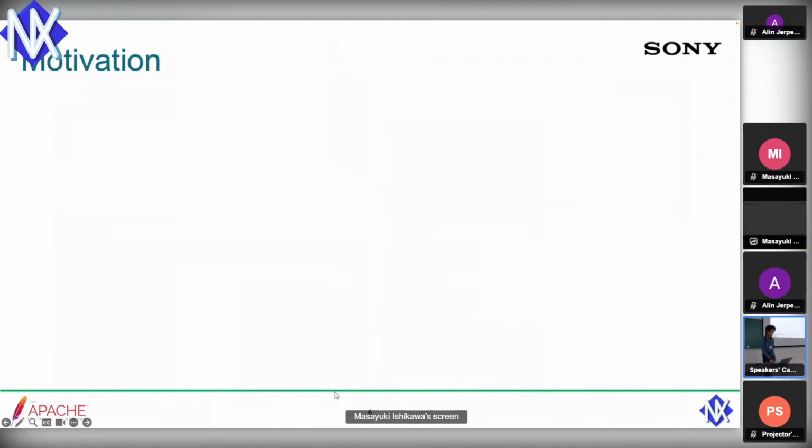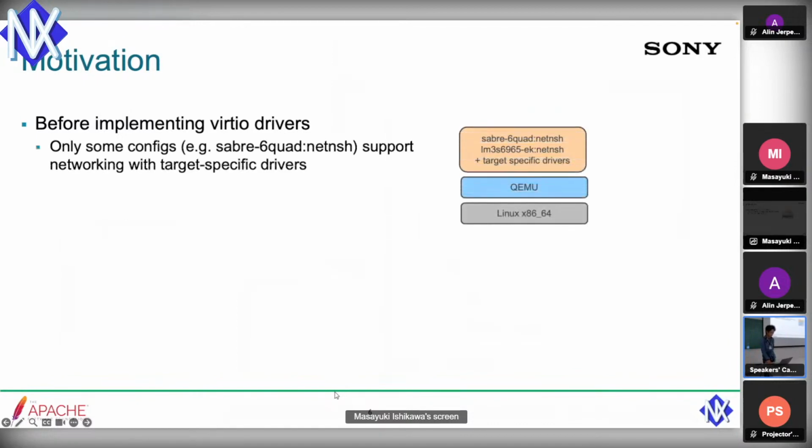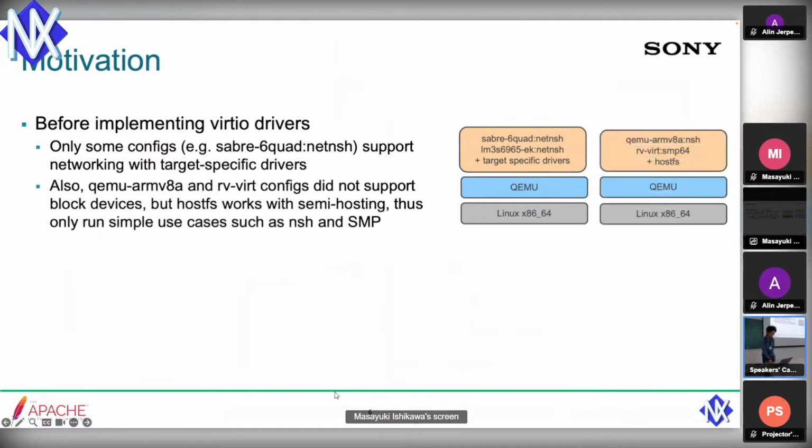So this slide shows my motivation for this work. Before implementing the VirtIO drivers, only some configs supported networking with target-specific drivers. Also, the QEMU ARMv8-A processor and rv-virt configs did not support block devices, but HostFS works with semihosting, and thus only simplified use cases such as NSH and SMP multiprocessing environments were possible.